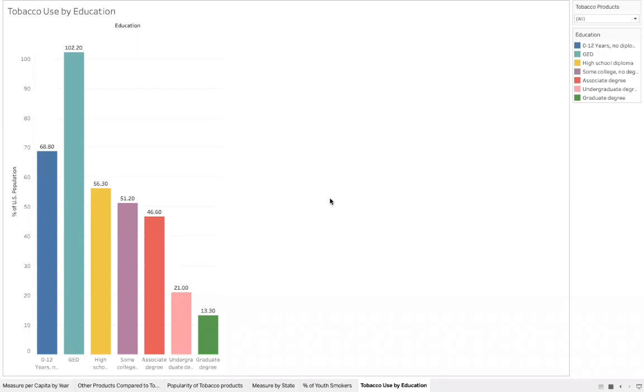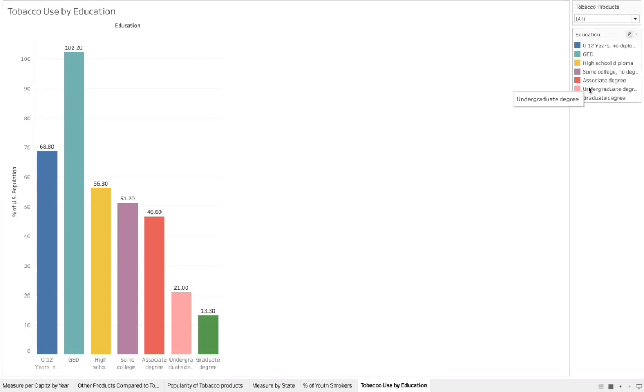For this graph, we have also used the National Adult Tobacco Survey data source. This graph demonstrates tobacco use by all the education levels that were used in the survey. The way that we have displayed this data is by adding the percentage of US population that smokes categorized by the different education levels, and they are all in different colors, which we can see here.